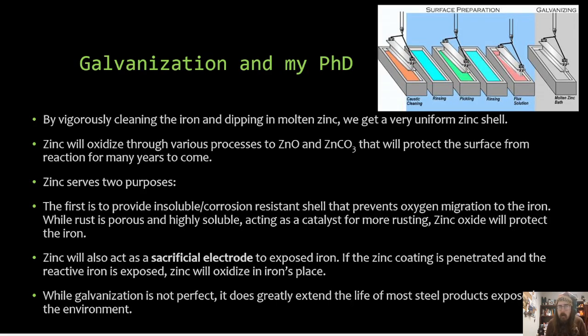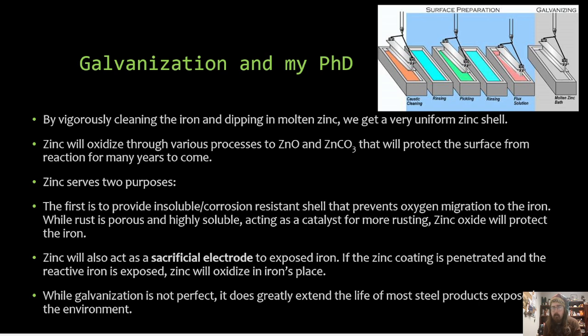So part of my PhD involved studying the galvanization process and trying to do this on the nano scale. But the basic process in industry is you very carefully clean off the iron surface so that we can get a clean binding between iron and zinc.